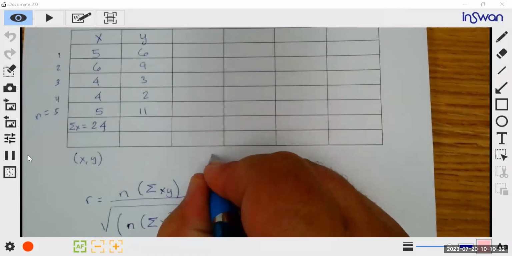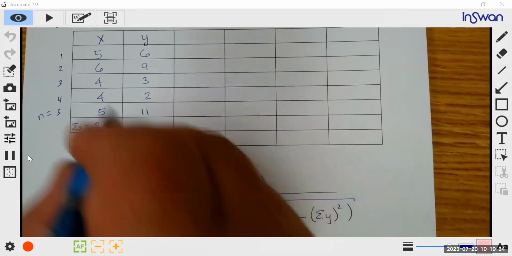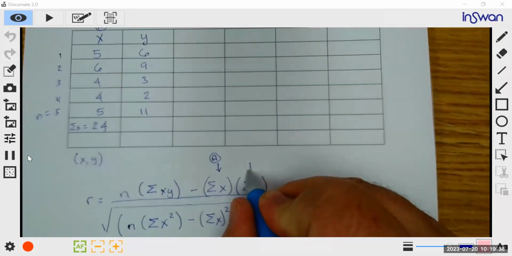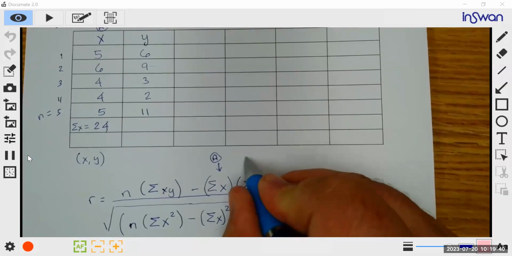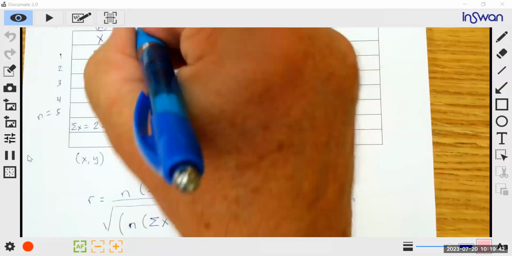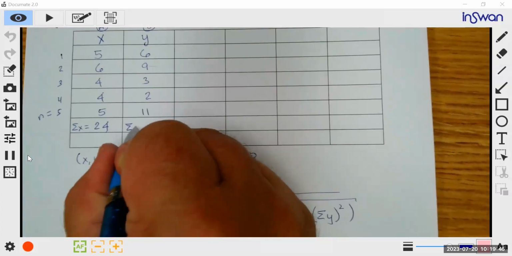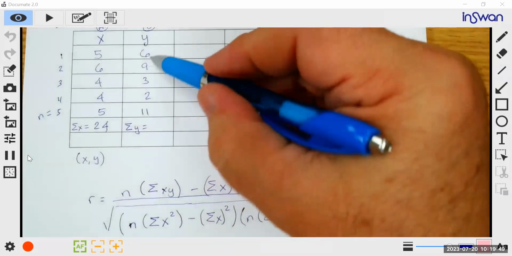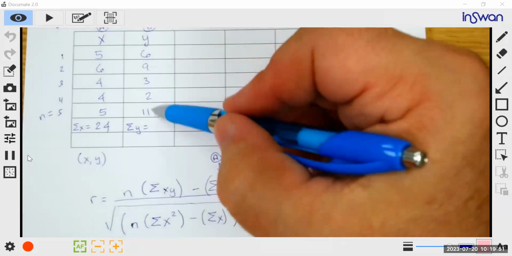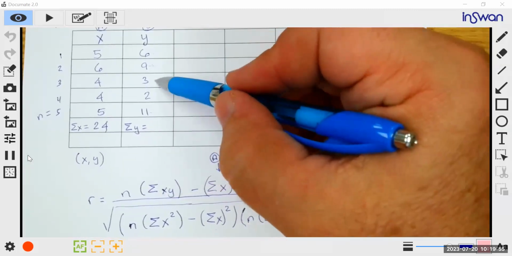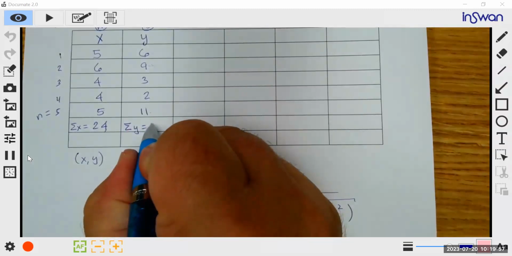This is column A, the sum of column A. The summation of y is column B. So I add up all my y values. 11 plus 9 is 20, plus 6 is 29, plus 2 is 31.